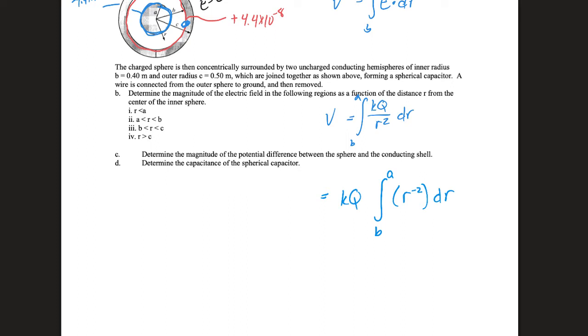Now, you have to take the antiderivative of that R to the negative 2. We've already done this. We know what our answer is supposed to look like.